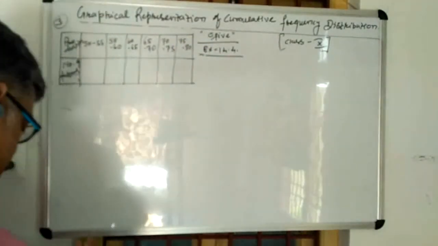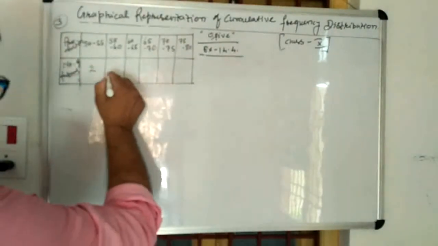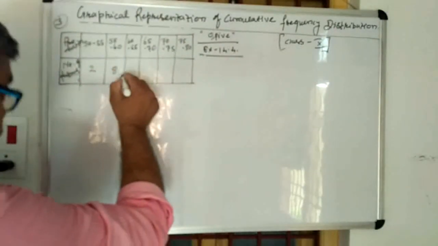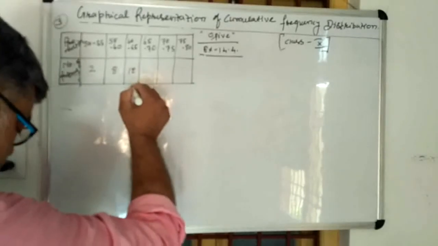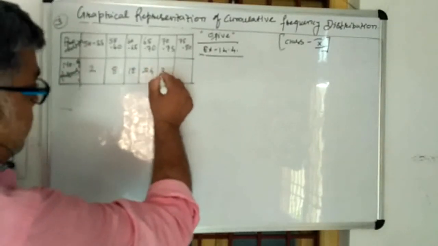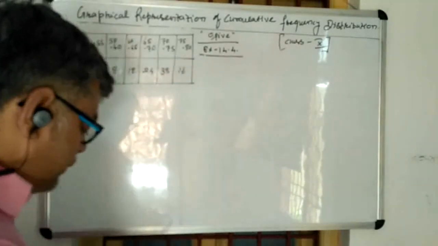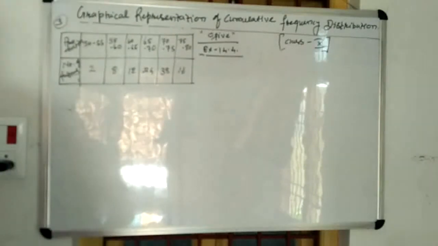And the number of farms is given 2, 8, 12, 24, 38, 16. Now you have to change the given frequency distribution into more than type.